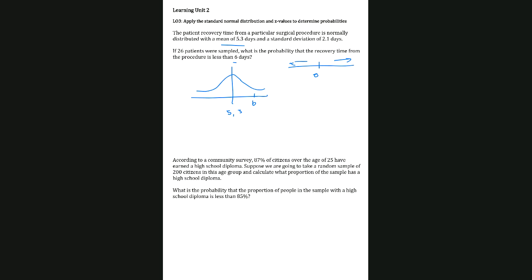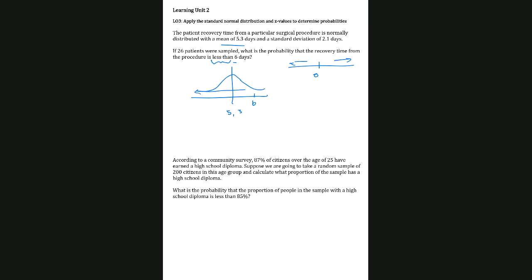And then, once you've plotted down that value, look for the words that they have included here, which says less than 6 days. If you look at this diagram, less than 6 days means we would be going in this direction.